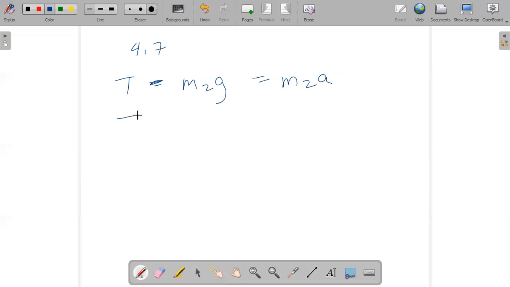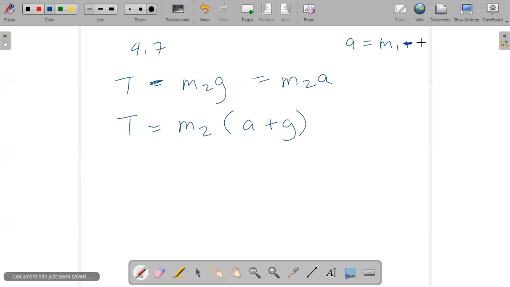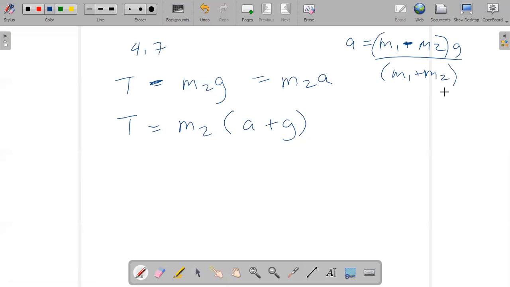So now we solve for T. T equals M2 times A plus G. Then I went ahead and got my expression for A from the prior one, which was A equals M1 minus M2 times G over M1 plus M2. And that was from 4.6.